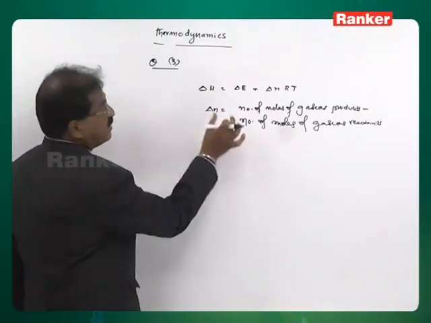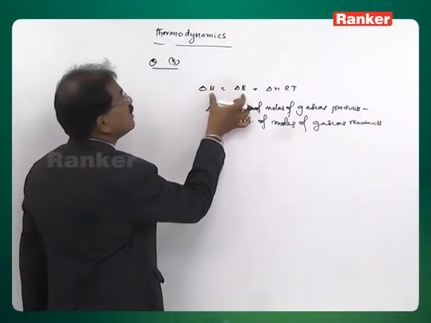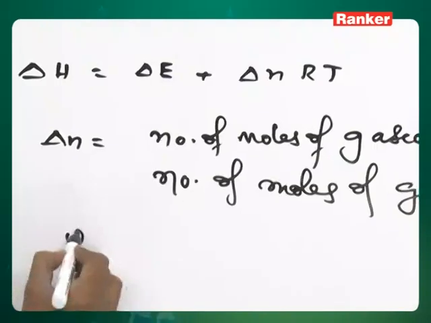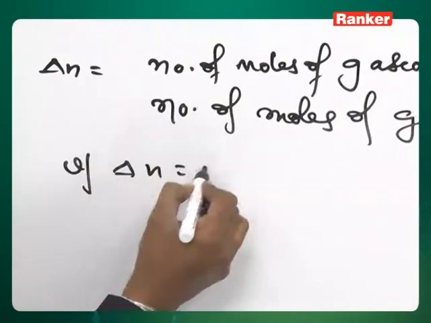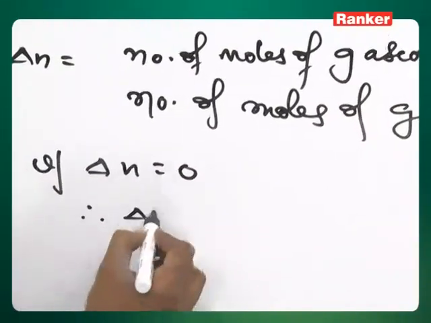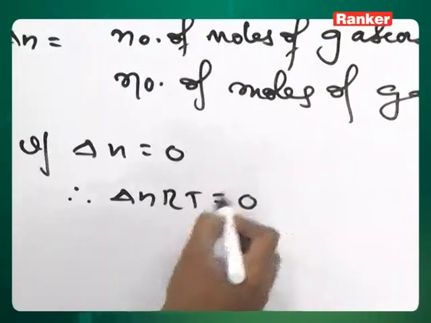Therefore, the exact relation between enthalpy change and internal energy change depends on the del N value. For example, if del N is equal to 0, then del N RT becomes 0.